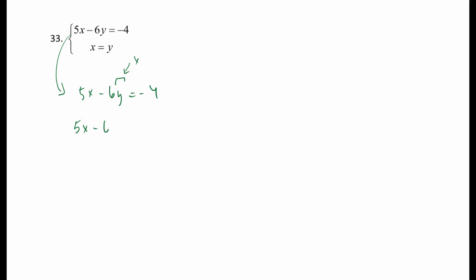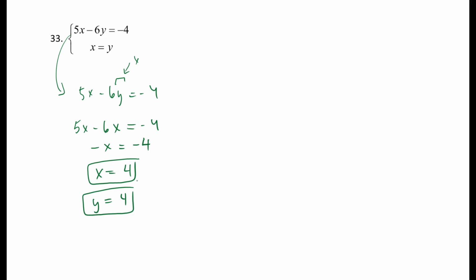So 5x minus 6x equals -4. 5x minus 6x is just negative x equals -4. x then will equal 4. And since we know y equals x, we can also just say that y equals 4. So the coordinate of this solution is 4, 4.